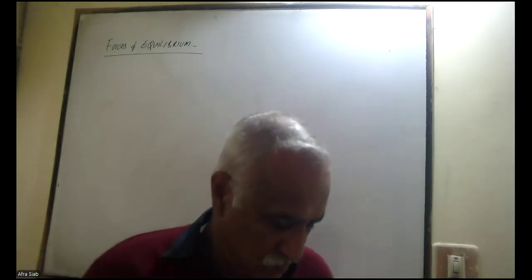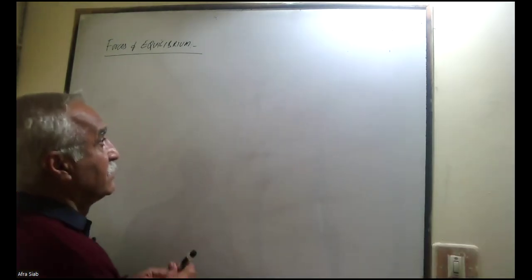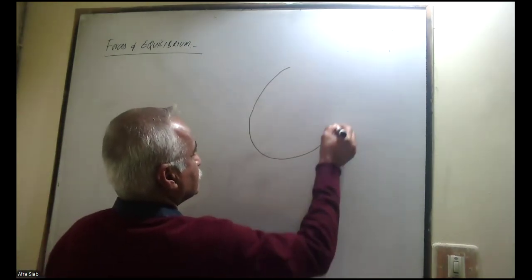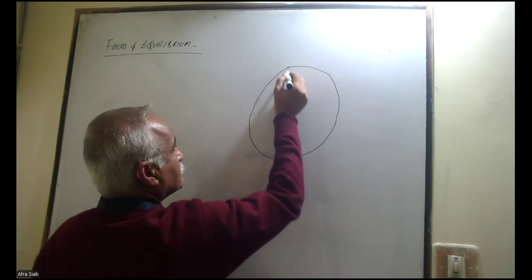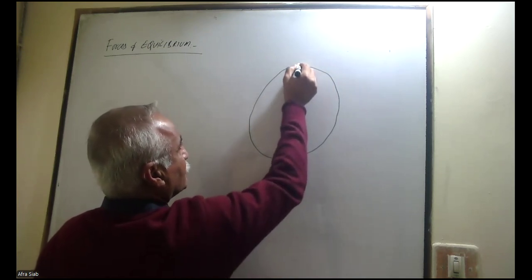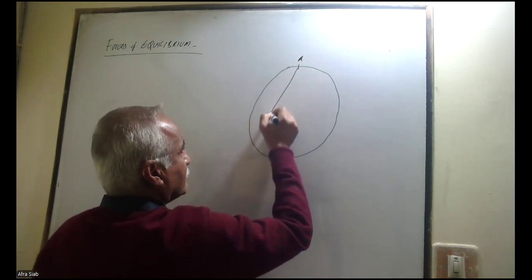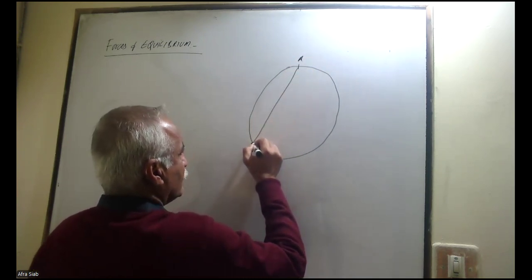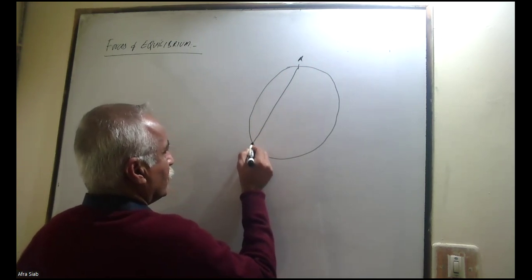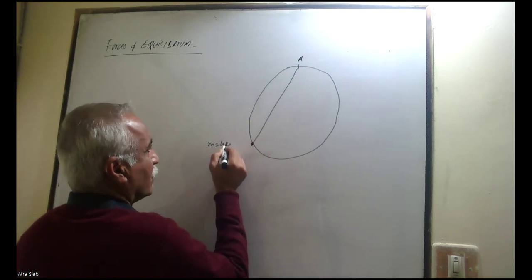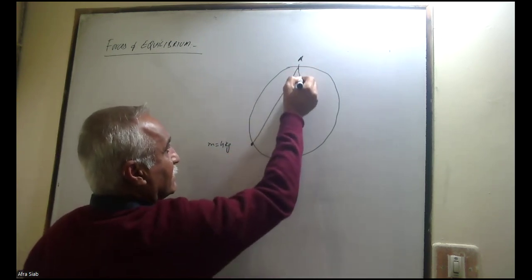So, there is a ring, a circular ring, where the highest point is A, and the mass of the ring is 4 kg.